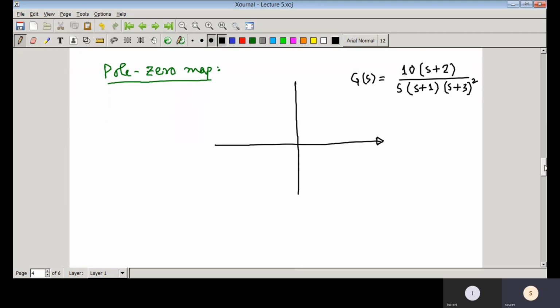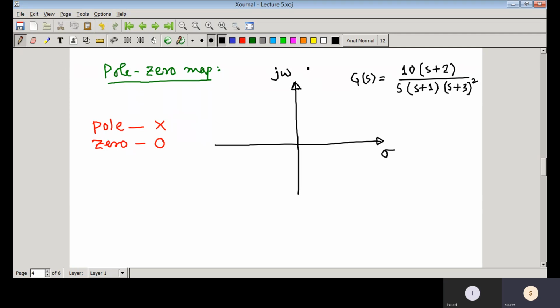We use some symbols in the pole zero map. A pole is indicated by a cross and a zero is indicated by a small circle. In this example, let us first see what plane it is. This plane is sigma j omega, that means this is a complex plane.